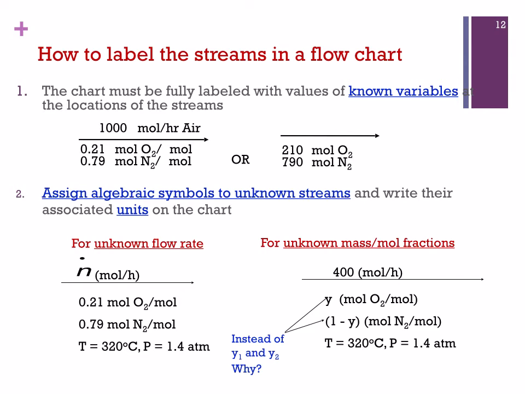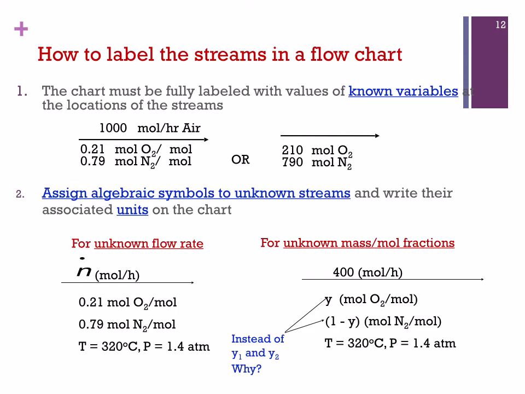Okay, n-dot denotes flow rate, and in parentheses we put mole per hour, which is the unit. On the bottom, similar to the top one, we know the value because this is air, and the molar composition stays the same.